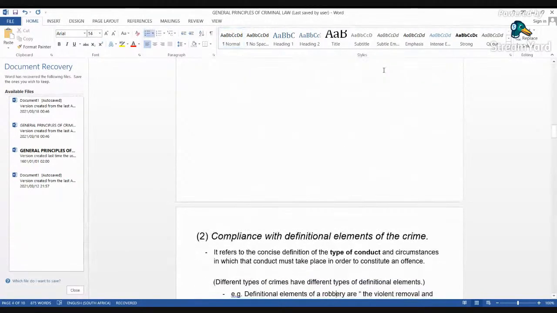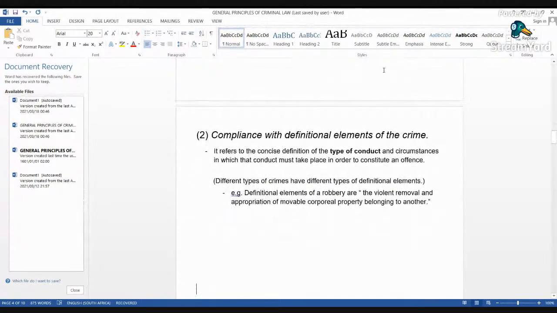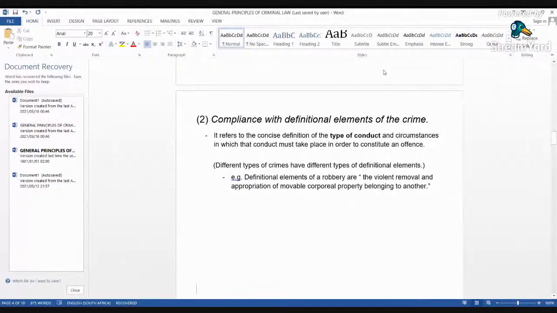But let's move on to the next one, which is compliance with definitional elements of the crime. So the second element: okay, fine, there's an act. The second one that we have to look at is compliance with definitional elements of the crime. What this means is that it refers to the concise definition of the type of conduct and circumstances in which that conduct must take place in order to constitute an offense.